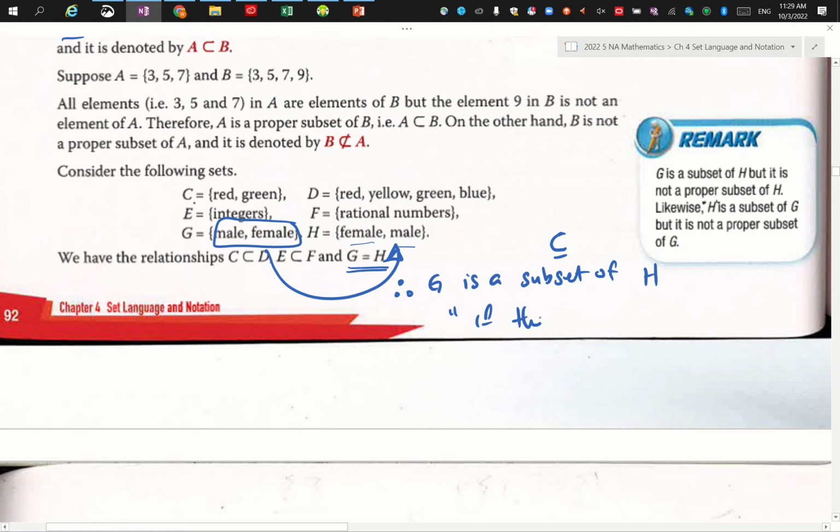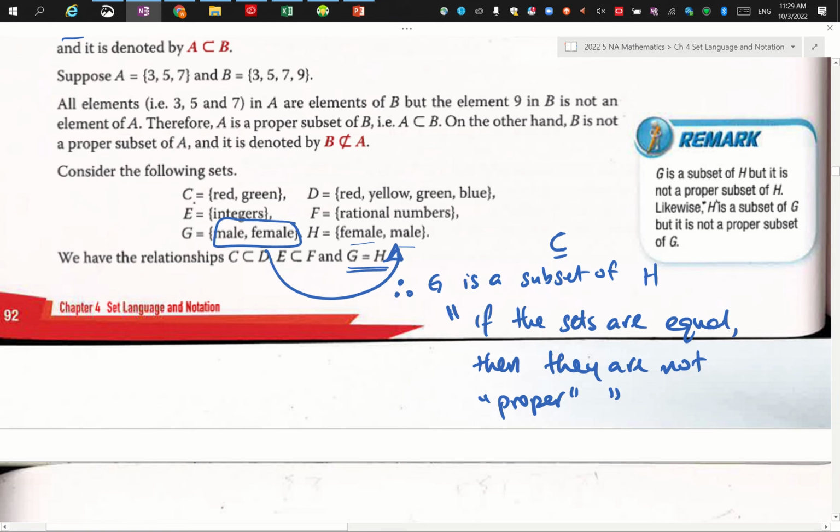If the sets are equal, then they are not proper. Okay, so this is a note that you can write. Once it's equal, it's not proper, no longer proper subset already. It is only considered subset. So subset is also equal.